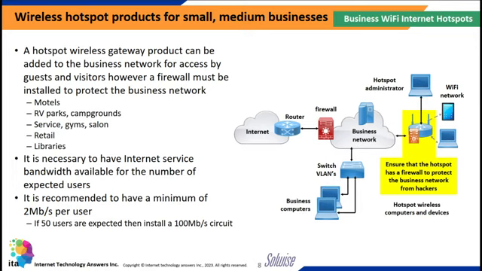It's very important that we have a firewall in this hotspot product, because if not, then anyone connecting to the wireless hotspot is going to be able to get access to the business computers behind the hotspot, and we don't want hackers getting into our system. So the firewall is essential.